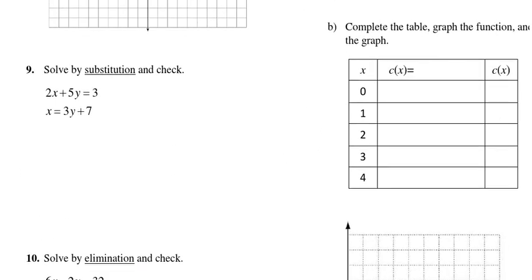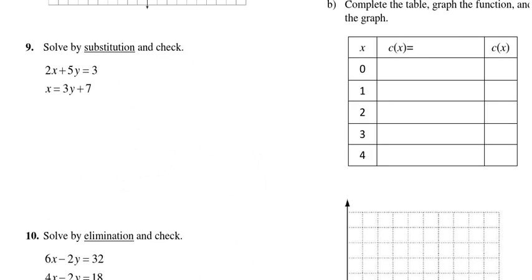In number 9, you have to solve this system by substitution and you have to check. I am going to do this one. So for substitution, we take one of the equations and substitute it inside the other one. So we combine the two equations in one equation. The one that is solved for x or for y is the one that is placed into the other equation.